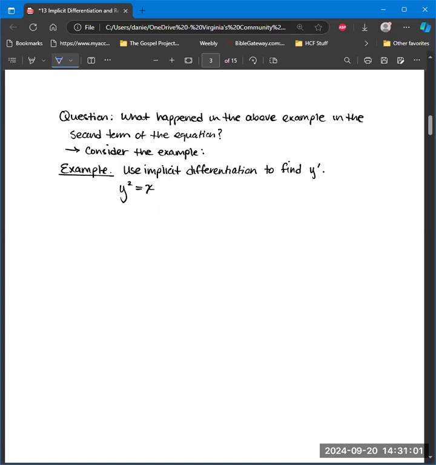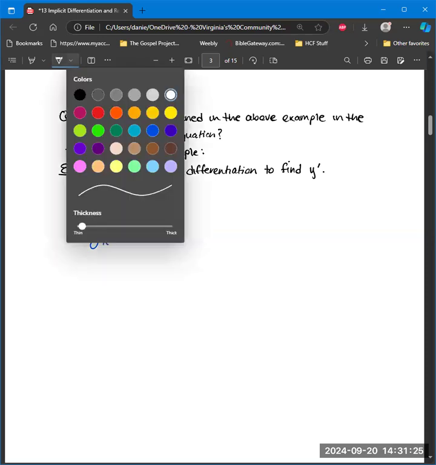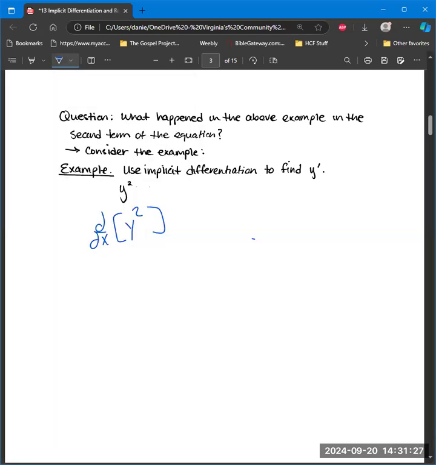When I took the derivative with respect to x of y squared, I got 2 times y times dy/dx, or you could call it 2 times y prime.